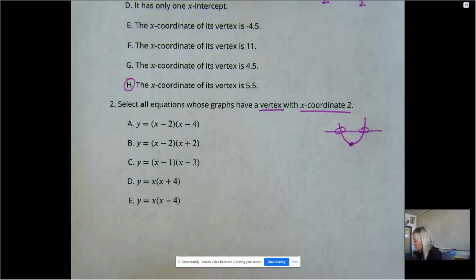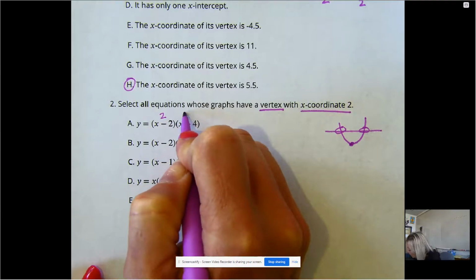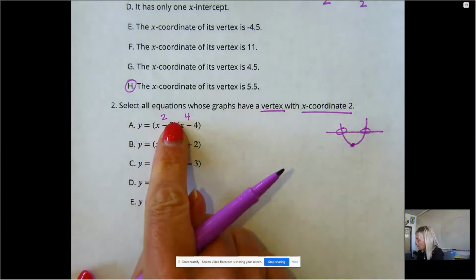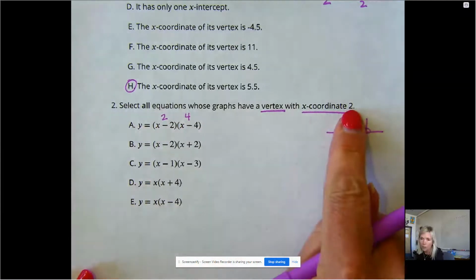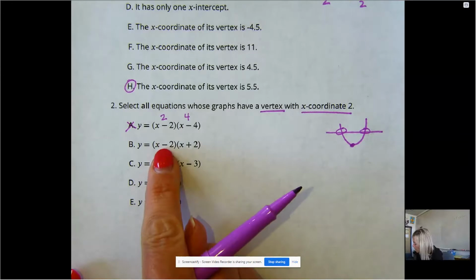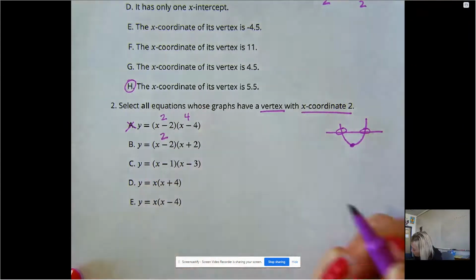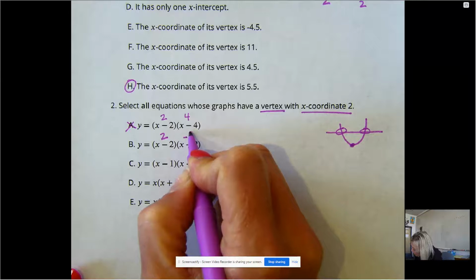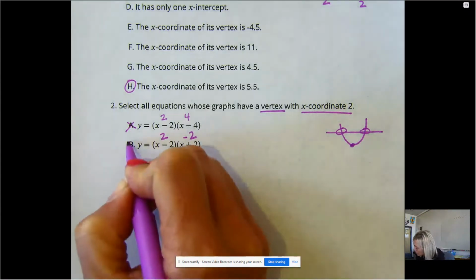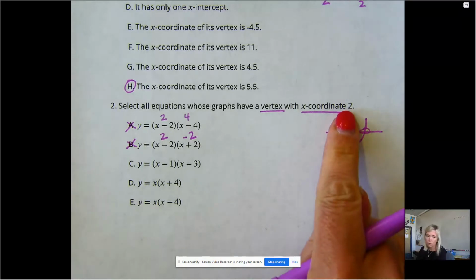So for A, the x-intercepts would be at positive 2 and positive 4 for x, which means right in the middle of those would be a 3, not a 2, so it's not A. On B, this would have an x-intercept when x is positive 2, and for the other one where x is negative 2. And the middle of those two numbers is 0, so not B, because again, we're looking for an x-coordinate of 2.